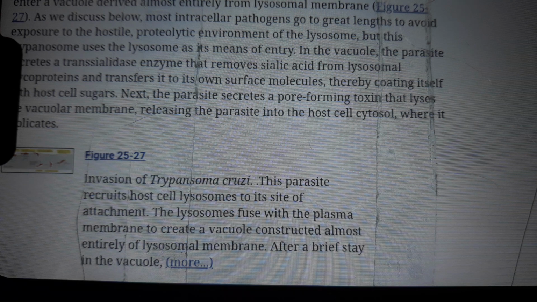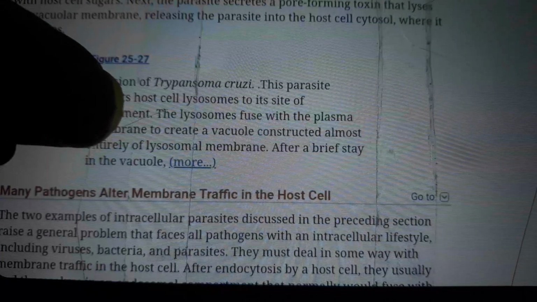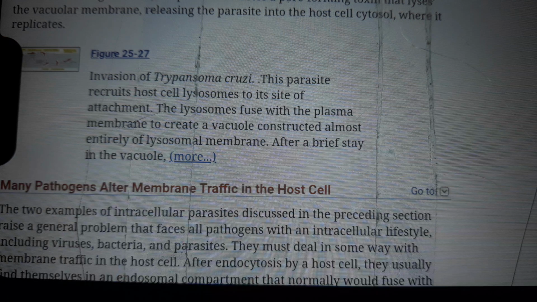As we discuss below, most intracellular pathogens go to great lengths to avoid exposure to the hostile proteolytic environment of the lysosome, but this trypanosome uses the lysosome as its means of entry. In the vacuole, the parasite secretes a trans-sialidase enzyme that removes sialic acid from lysosomal glycoproteins and transfers it to its own surface molecules, thereby coating itself with host cell sugars.